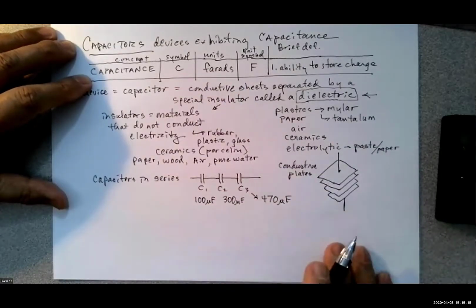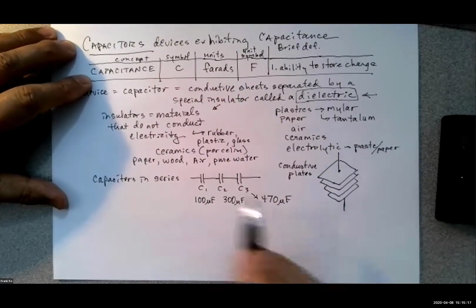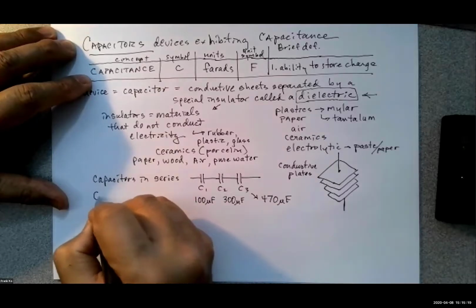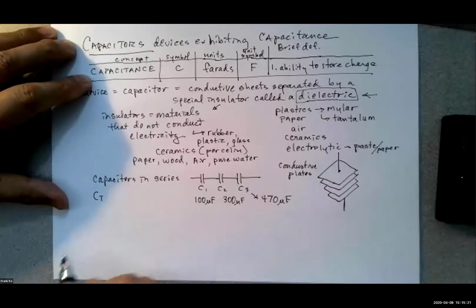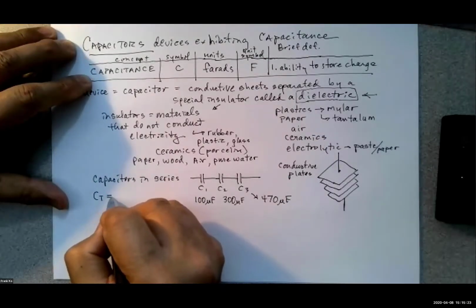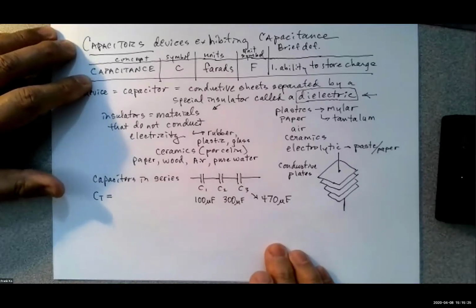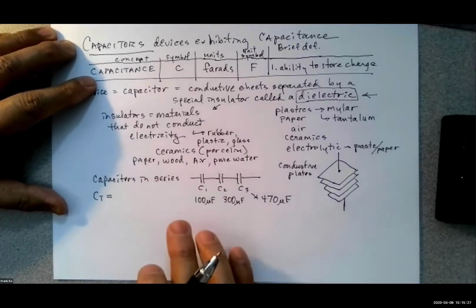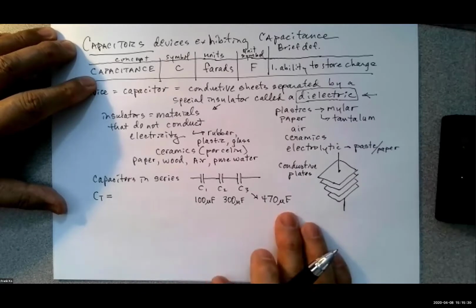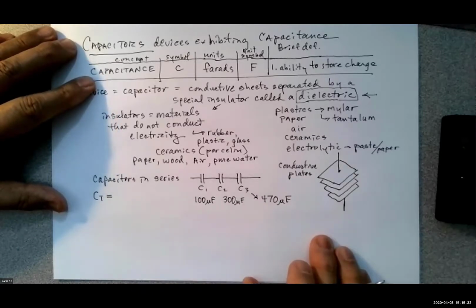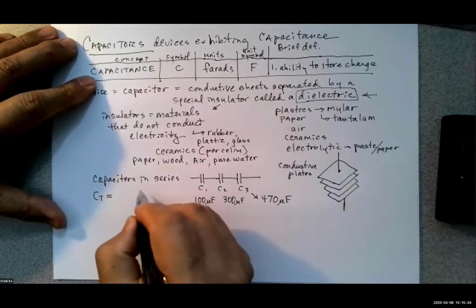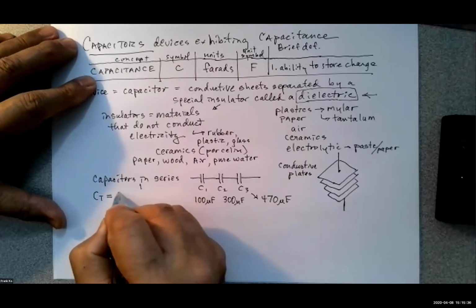All right. So we have 3 in series. So C total for capacitance in series is different than resistors in series. You know, resistors in series, we just add up the numbers. Capacitors in series work differently. Capacitors in series will be with the reciprocal formula.